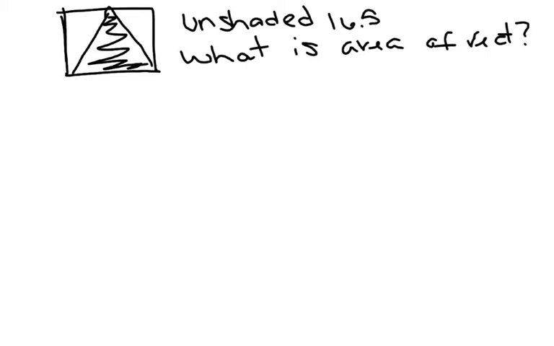Okay, this one is the unshaded region. The unshaded region, so right here, is 16.5. What is the area of the rectangle? And once again, we know the triangle is half. The triangle is half of the rectangle. So if we want to know the area of the rectangle, all we have to do is double the triangle.